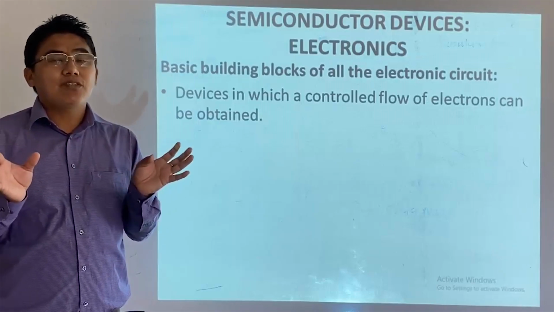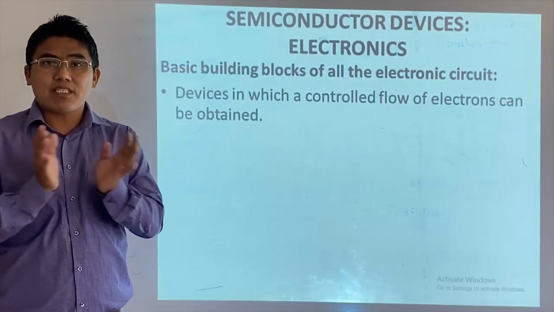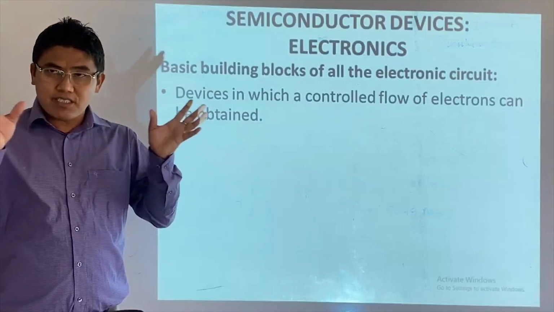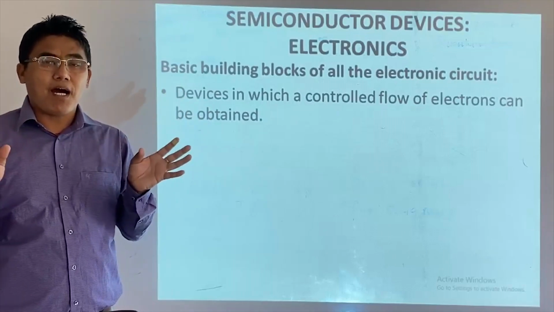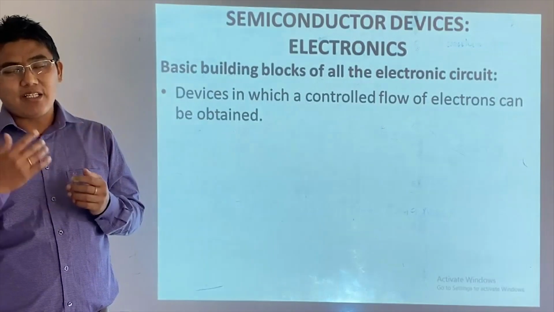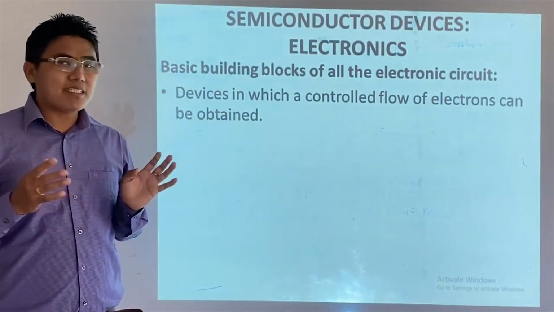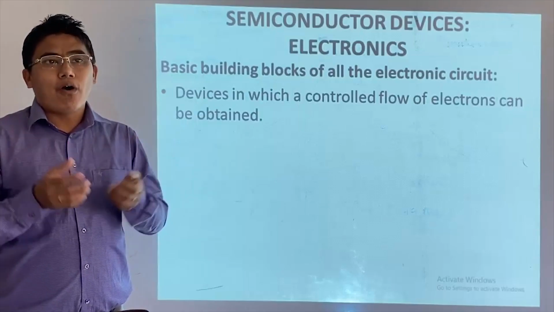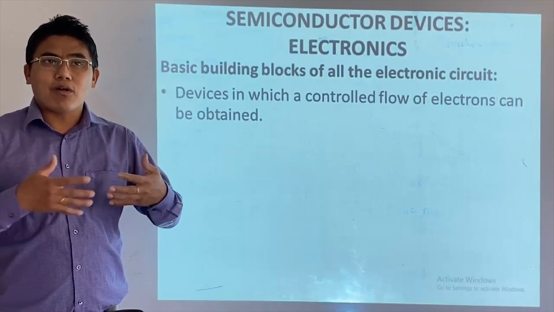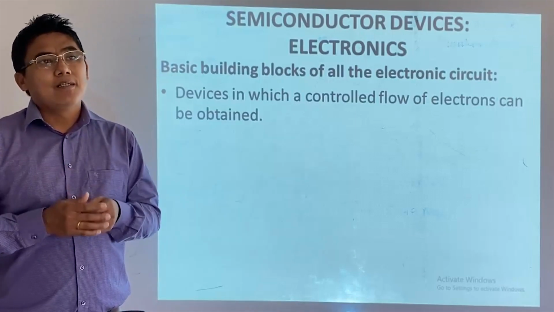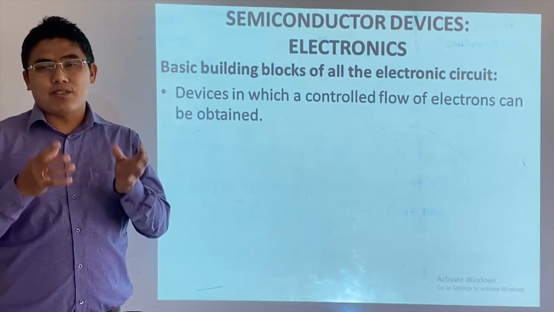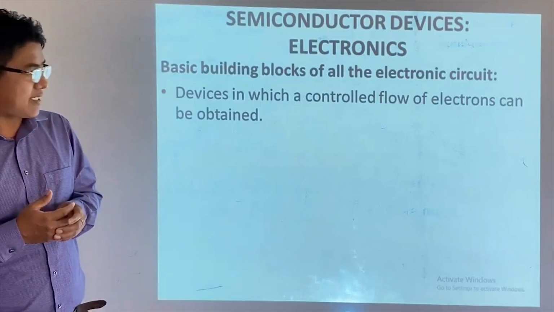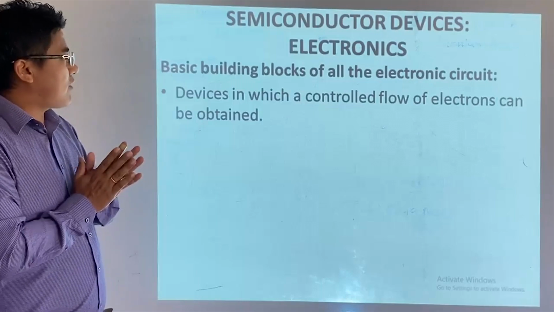That is what we call a semiconductor. Normally we divide materials into three parts: semiconductor, conductor, and insulator. The semiconductor is the foundation for electronic devices, and we will learn later how.